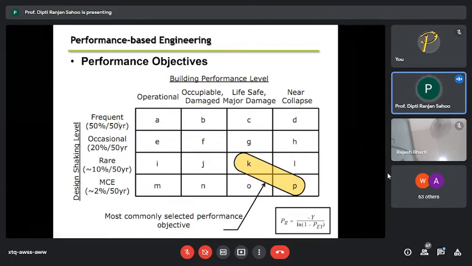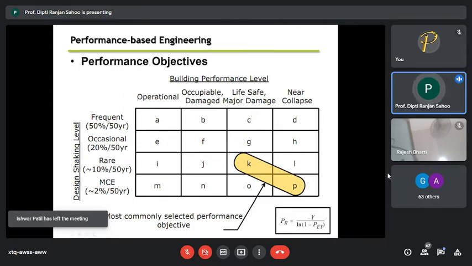So what are the things which are an acceptable performance objective as a designer? If I say that I have a very rare earthquake and the structure should be operational, if I come to M here, that means you are looking for a very, very exceptional structure: a nuclear power plant, or dams.